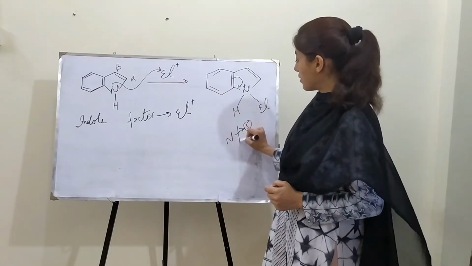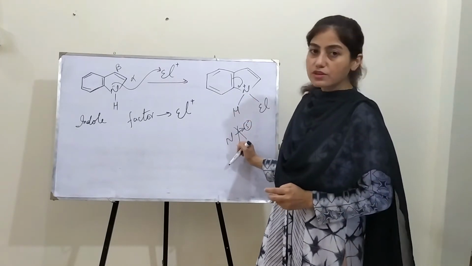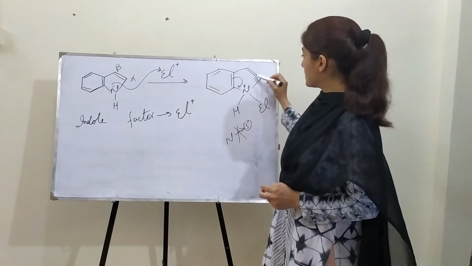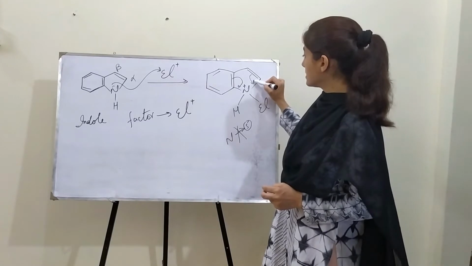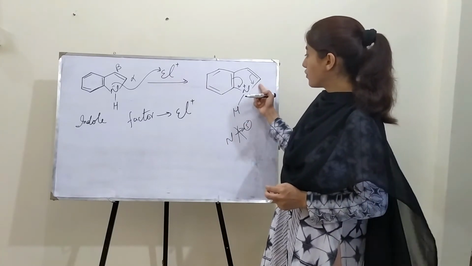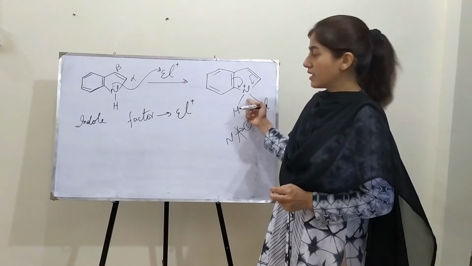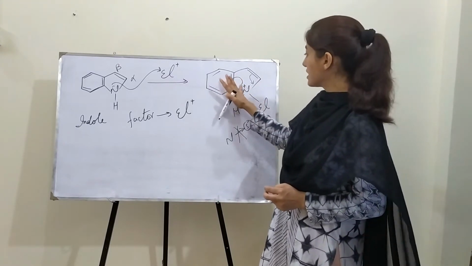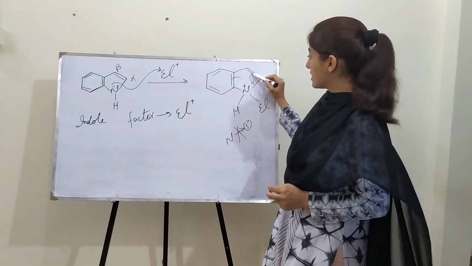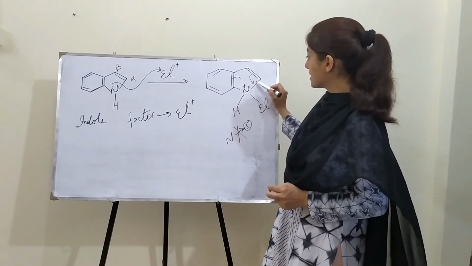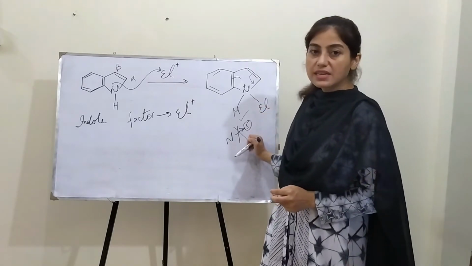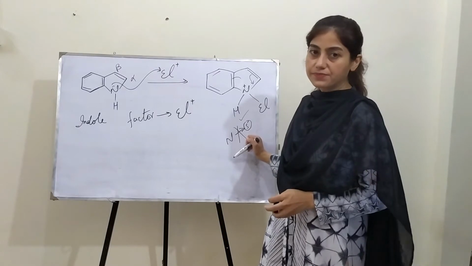So the 5 bonds for the nitrogen are also not supported. And the same case happens when this bond shifts towards this position, then again nitrogen would form 5 bonds. If this wouldn't occur and we are considering only this bond, when this would shift to this position, then in that case also the nitrogen would form 5 bonds and that is not supported.